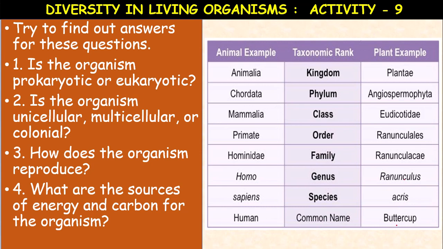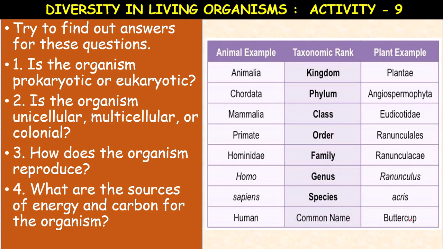So the common name is buttercup. Okay, so like that you can consider any organism and you can classify based on the characteristic features, and you can write the taxonomic classification also.